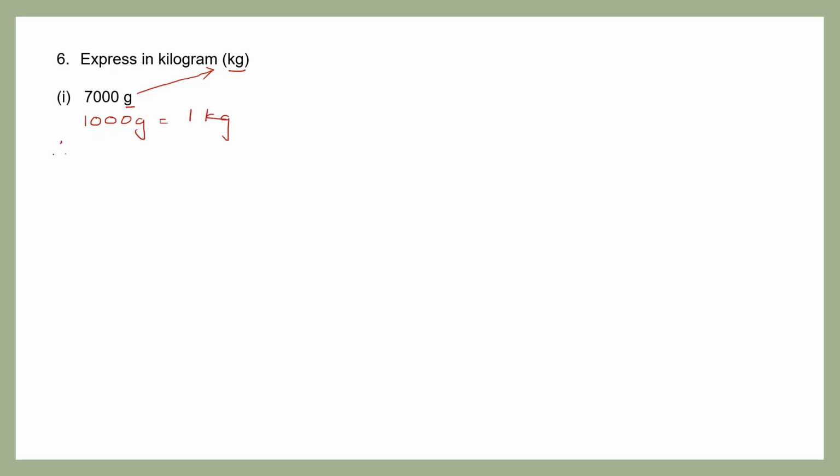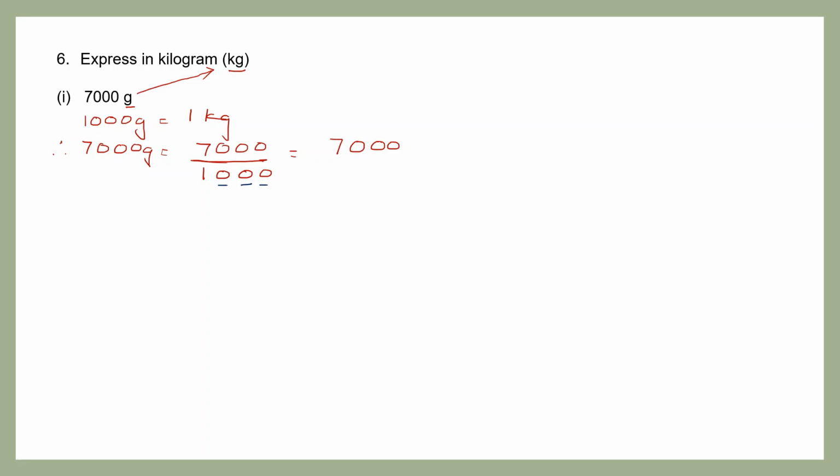So, therefore, 7000 grams will be 7000 divided by 1000. Okay, so I'm going to write 7000 as it is. We are doing our decimal division. So let's follow the denominator's zeros. There are 3. So my point moves 3 places to the left.